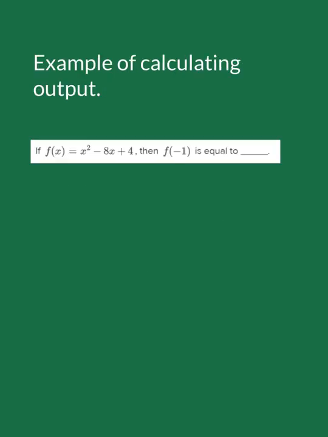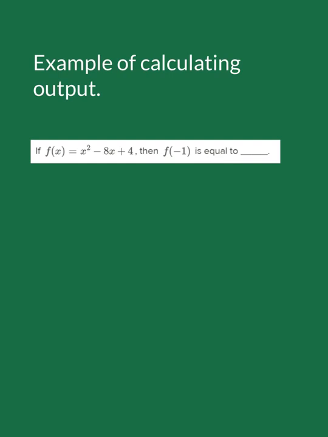So here's an example of calculating an output. Here's my problem. It says if f of x equals x squared minus 8x plus 4, then what is f of negative 1 equal to?